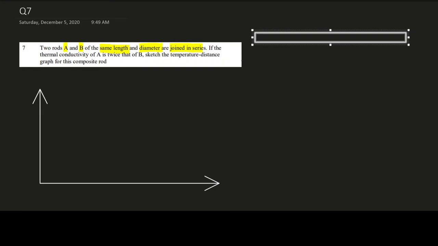You have rod A and rod B, and rods A and B have the same length. This will be the length of rod A and this will be the length of rod B. And they also say that they have the same diameter. If something has the same diameter, you will probably know that they have the same cross-sectional area.